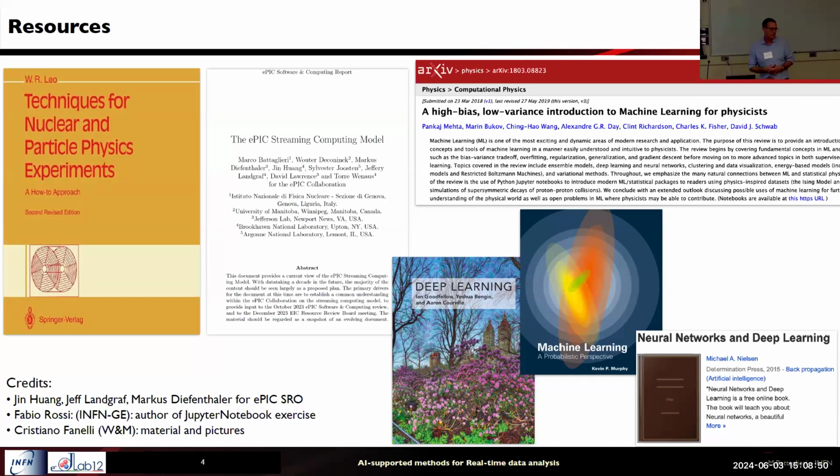As usual, we are working with the rest of the world. We are not alone. So I'm trying to put in my own picture, but with the material that is available around. In particular, there is a group of people working here at Brookhaven, and also other people, that allowed me, for instance, to set up the Jupyter notebook and the specific example that we are going to go through on Wednesday.